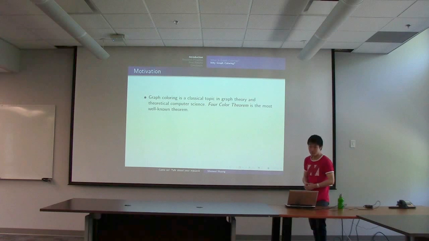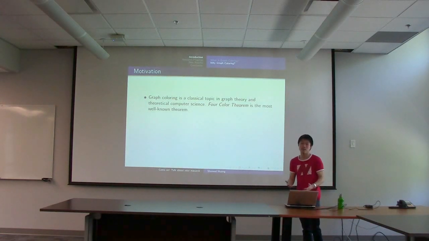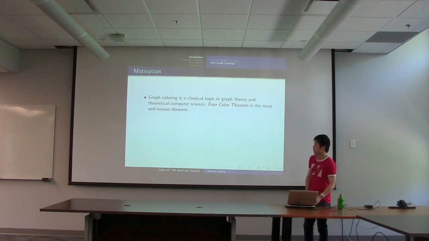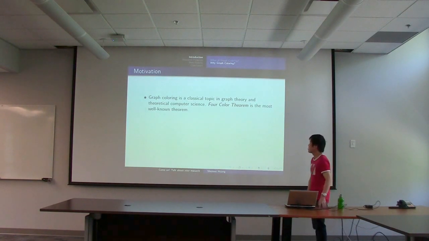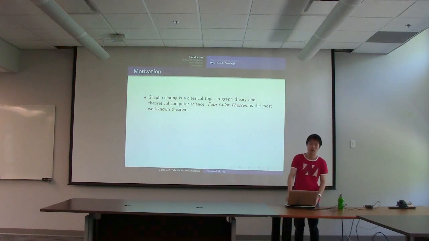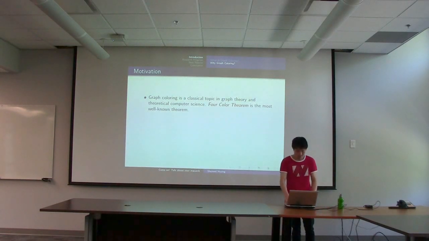The most well-known theorem is the four-color theorem, which states that every map can be colored with 4 colors. I think it is one of the greatest achievements in 20th century mathematics and computer science, and its proof highly relies on computer programming.